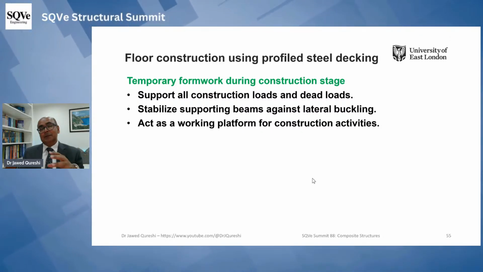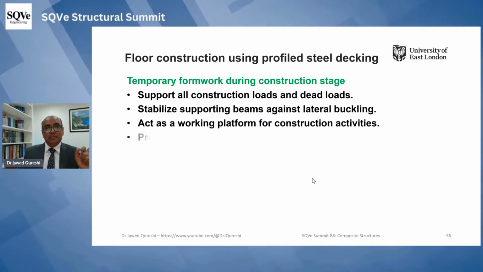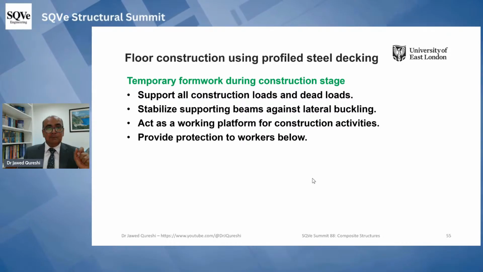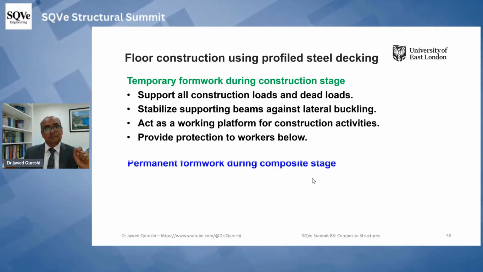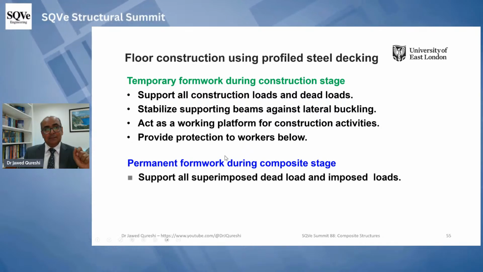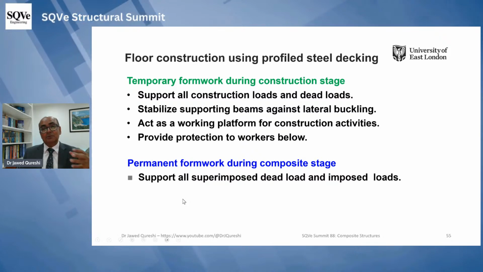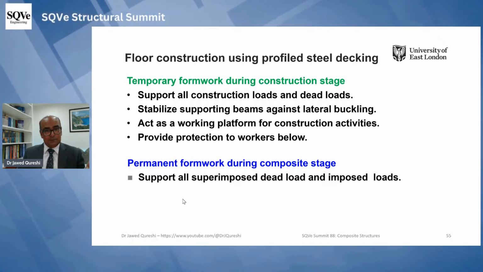So people can walk over steel sheeting. And it can provide protection to workers as well. Now, first, it acts as temporary formwork during construction, and then it acts as permanent formwork during composite action. Now, at composite action, it is ready to receive all service loads.